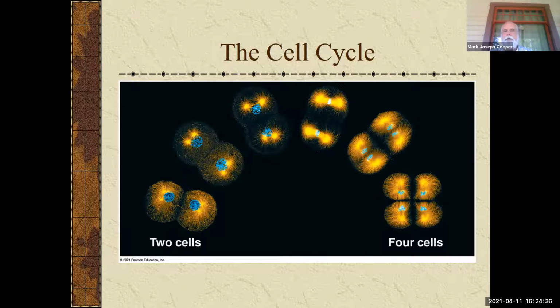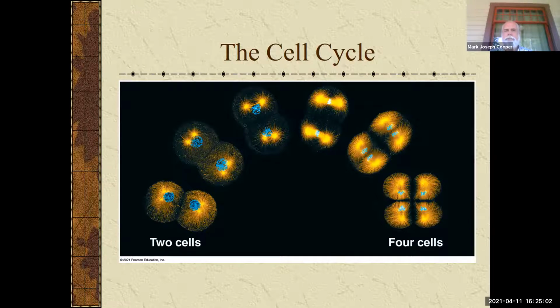But what we want you to know is there are really 2 different cycles that go on in the body. One is mitosis, and we'll talk about that in the short session. And then later we will talk about meiosis. Mitosis takes 1 cell and gets 2 identical daughter cells.